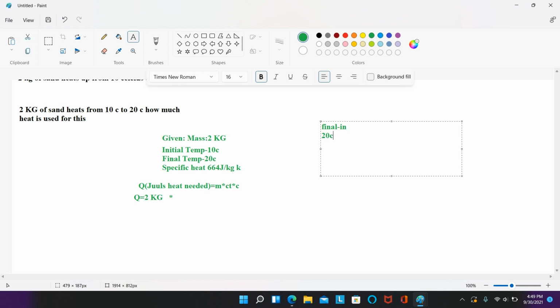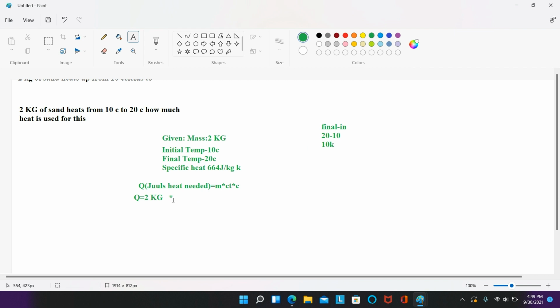So 20 minus 10, you're at 10. Now you may be wondering whether it must be degrees Celsius, but it's the same thing. Even if you convert it into Kelvin, it's still a 10 degree difference, so you can just put 10 K. You don't need to put the unit just for the step where you're subtracting, but for everything else in physics, you need to put the label.